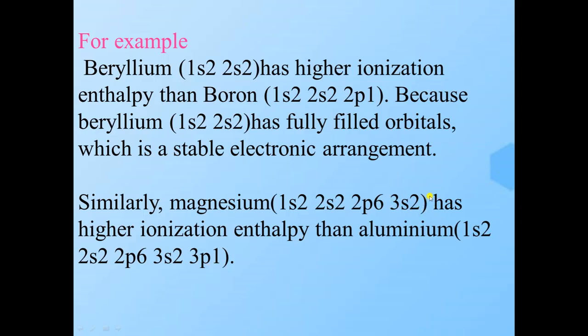So that means the 3s orbital is completely filled, but the 3p orbital is incompletely filled. So it is less stable, so we can easily remove this electron. That means less ionization enthalpy is required. But here more amount of energy is required to remove the electron as it is fully filled.